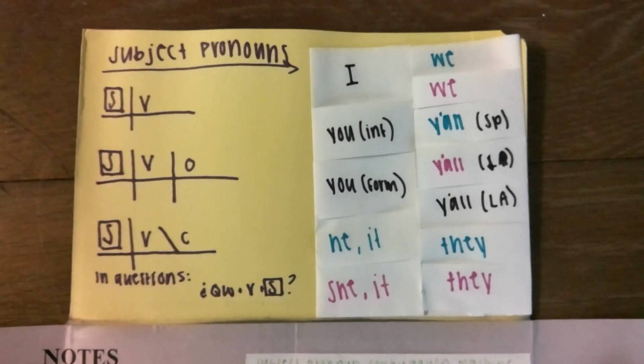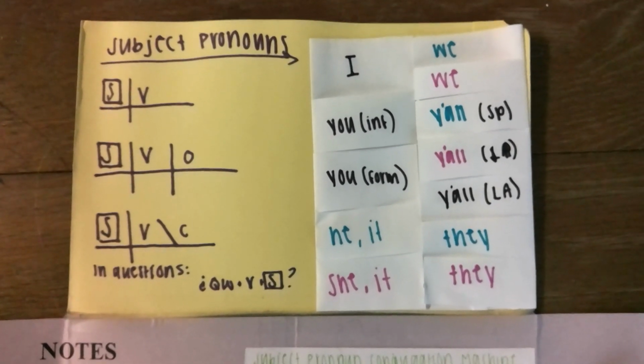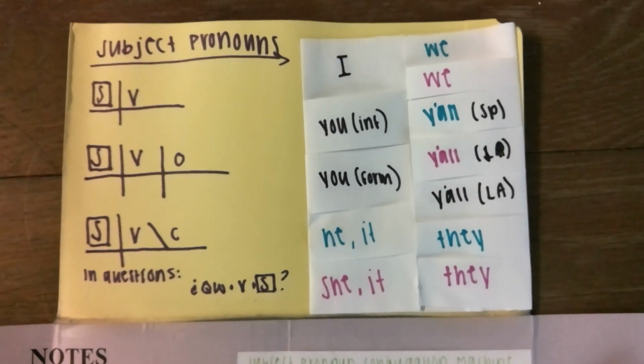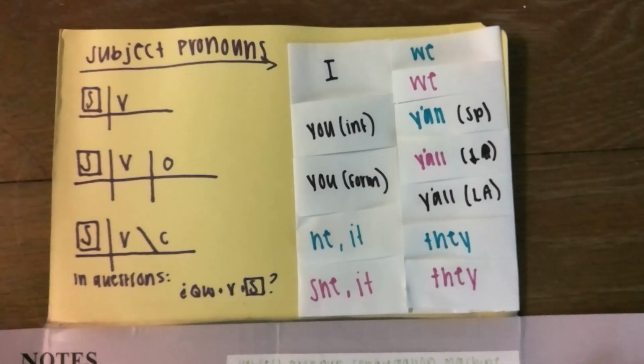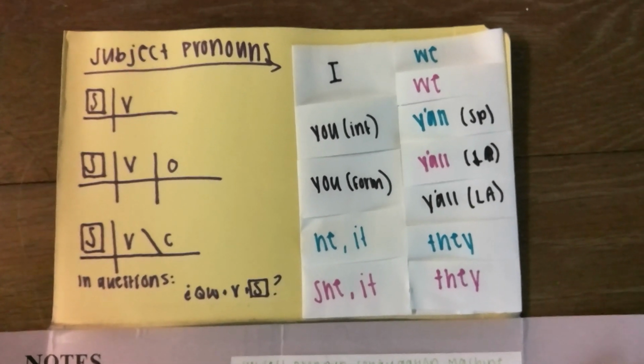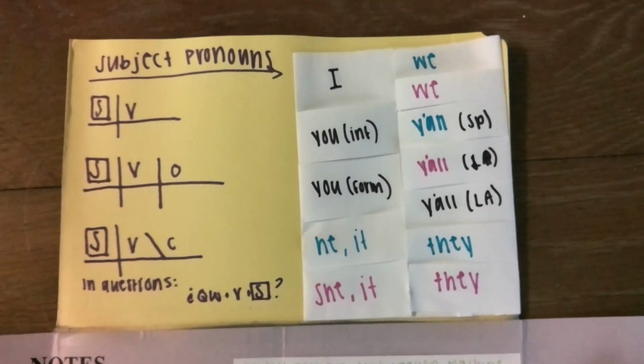On the left side, I've given you the 3 sentence diagrams that all of our sentences fit in. And I wrote them there so that you can see what the function of the subject pronouns are, because we're going to learn more pronouns in the future and things that mean her and his and your or yours.